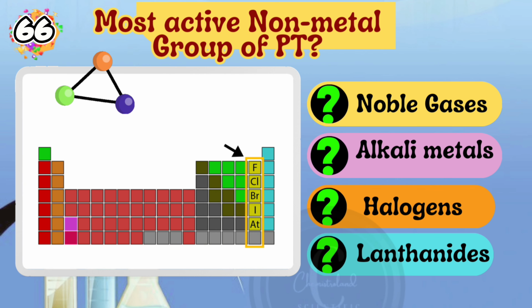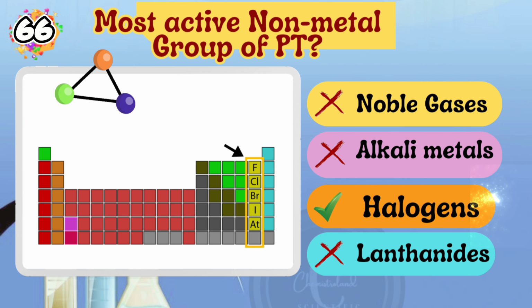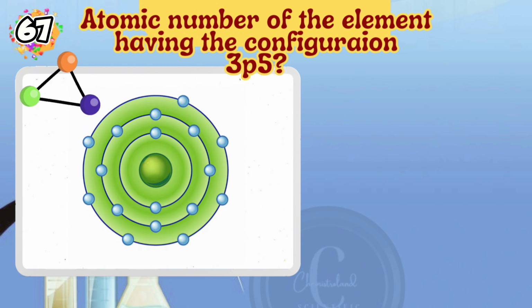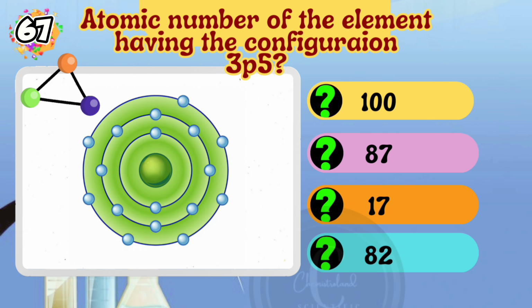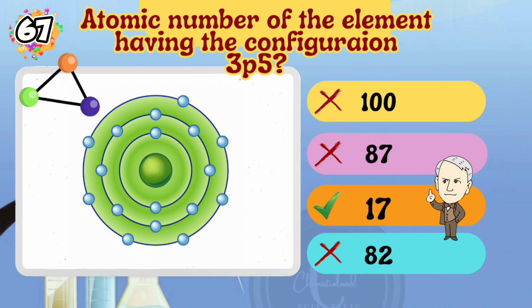Most active nonmetal group of the periodic table is? Halogens are most active group. What is the atomic number of element having the configuration 3p5? Atomic number 17 and element is chlorine.